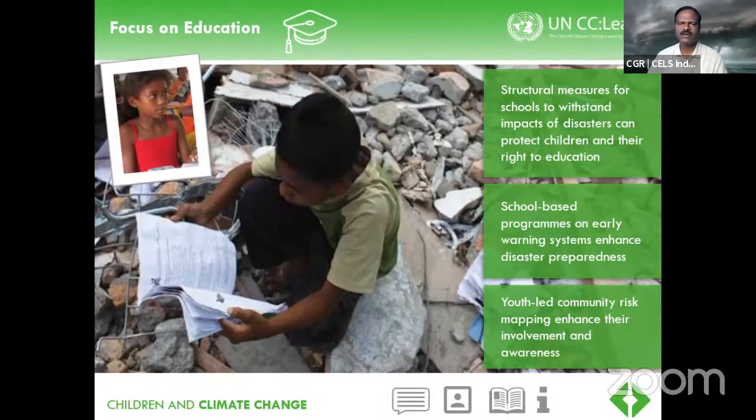where they themselves could see the heat stress. If sunstroke is about to happen, they can make out from their own reading from their own school premises. Because locally also monitoring the weather parameters is very, very important. Because especially in urban areas, we have pockets of very high temperature, like heat islands.